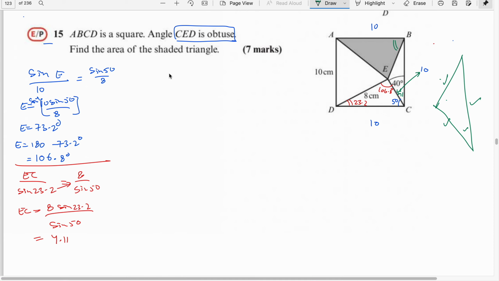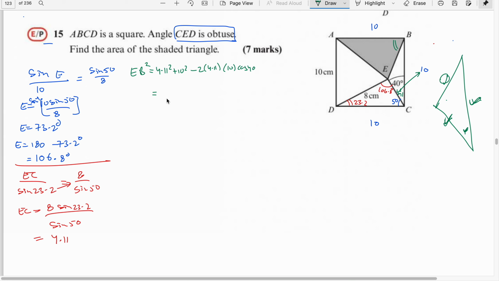So going for EB, we have side EC, we have side BC, we have this angle, so we can find EB using cos rule. So EB squared is equals to 4.11 square plus 10 square minus 2 into 4.11 into 10 into cos of 40.